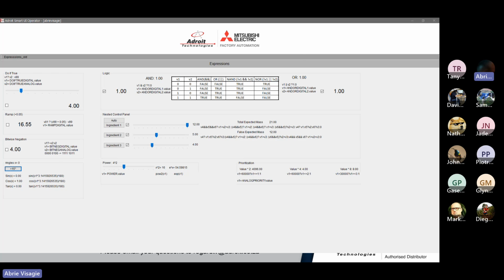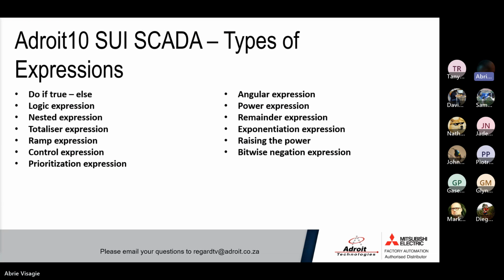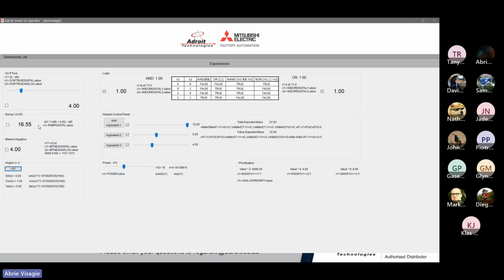So first off, looking at the do if true. Very standard. We have a single variable being monitored, seeing that if this is true, this digital value becomes positive, we read from an analog value.